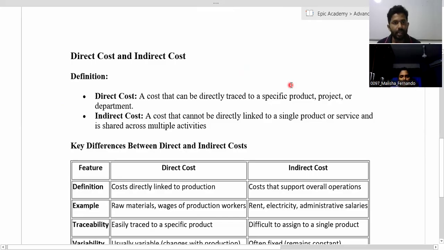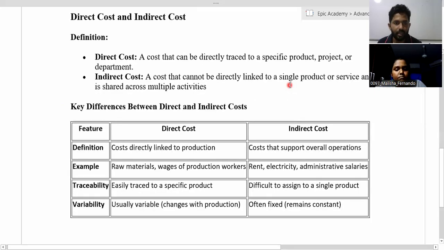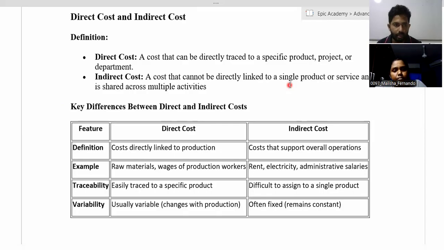What is the meaning of indirect cost? A cost that cannot be directly linked to a single product or service, and it is shared across multiple activities. This cannot be identified here. You can identify the difference between direct and indirect cost by considering this table.